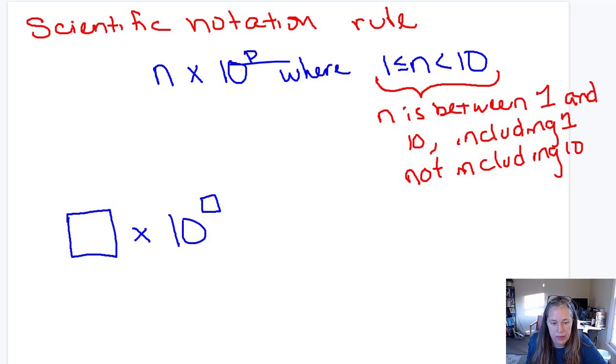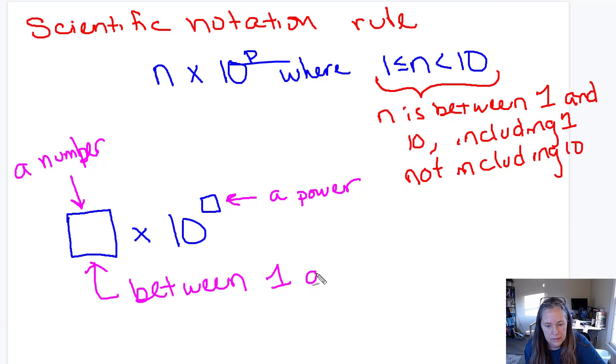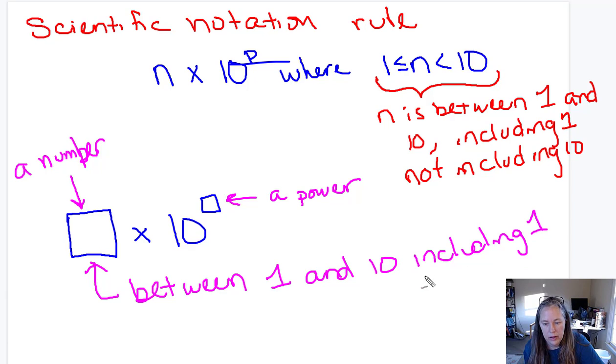Where we have a number times 10 to a power, and this number has to be between 1 and 10, including 1, not including 10.